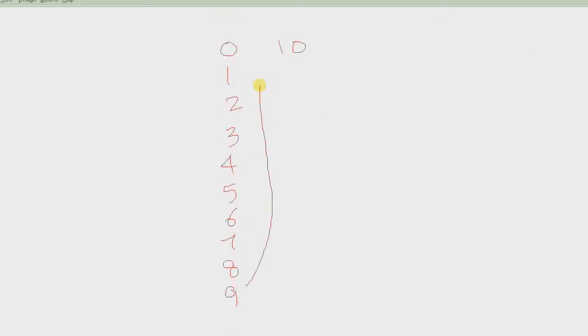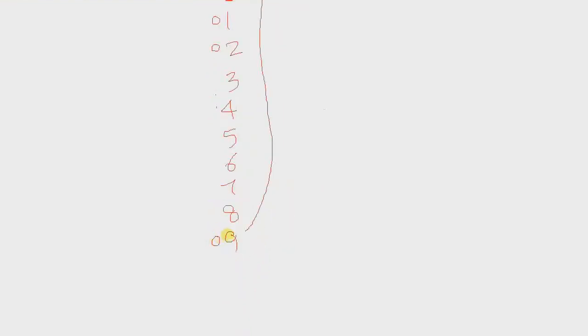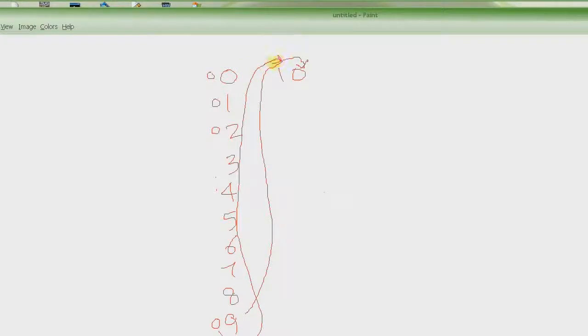So 9 became 0 here, right? And then actually there was a hidden 0 in all these numbers, and we incremented that 0 to a 1. So that's how we got a 10.